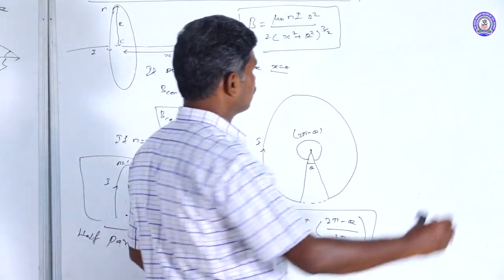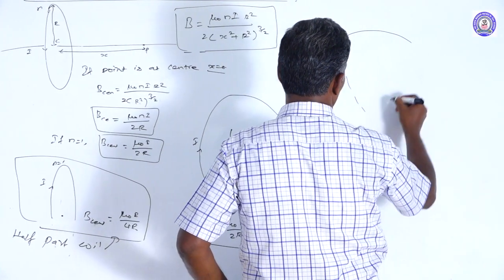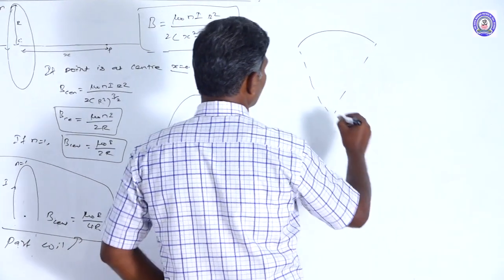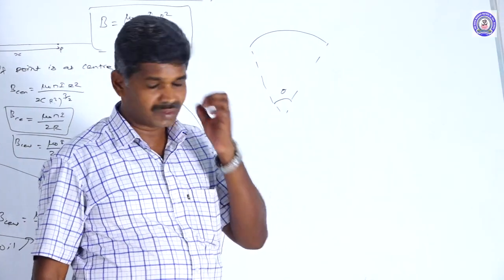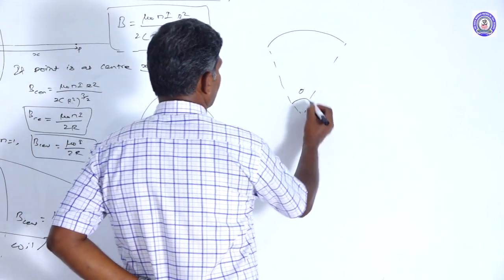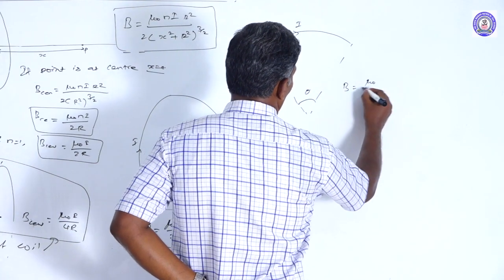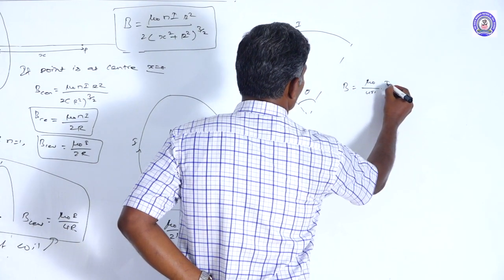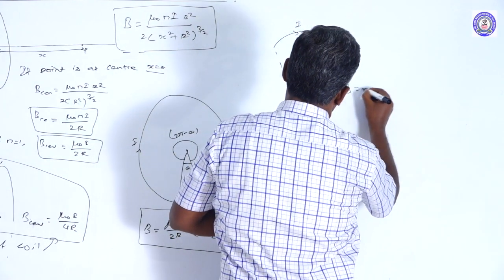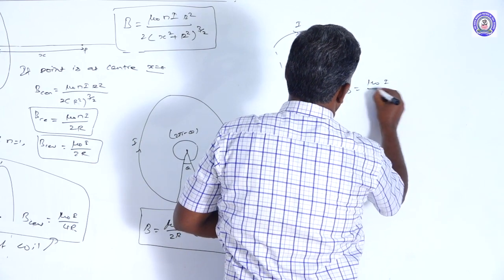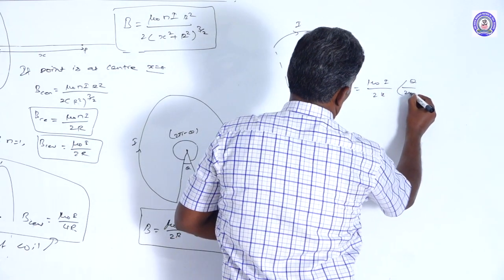Suppose in another question, only this small portion of a circle has a conductor. This can be taken as a theta part of the circular coil. Then we find the magnetic induction due to that current using the same formula, mu naught I by 2r of theta by 2 pi.